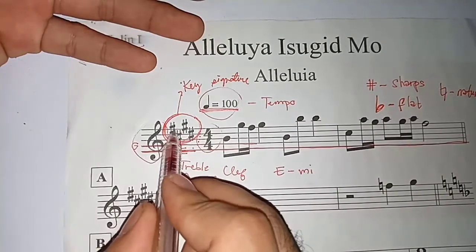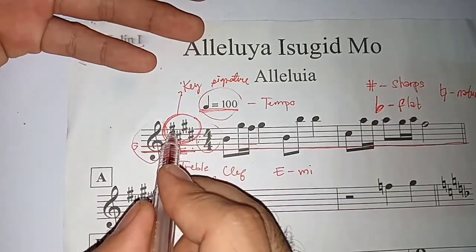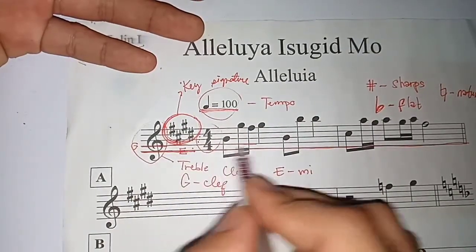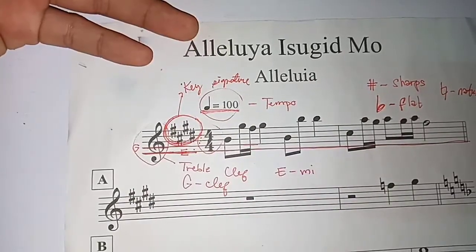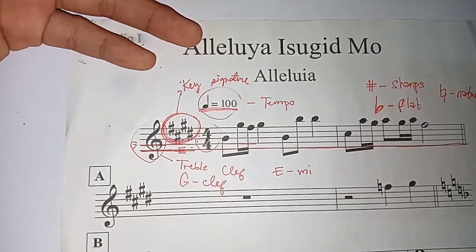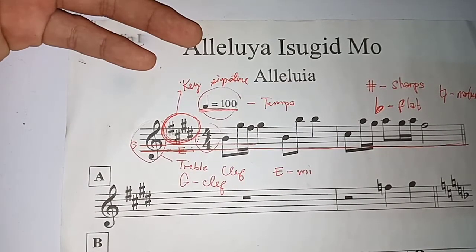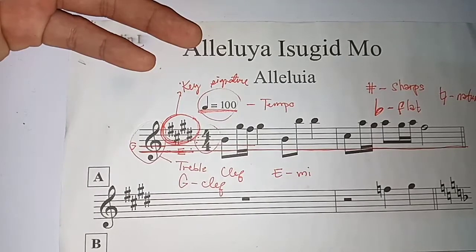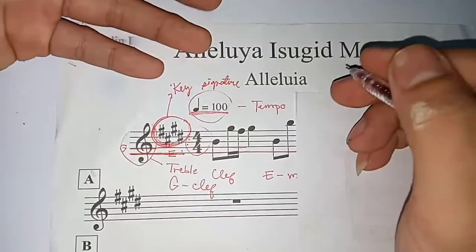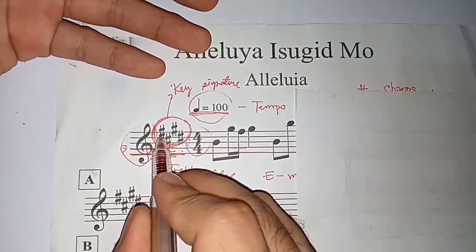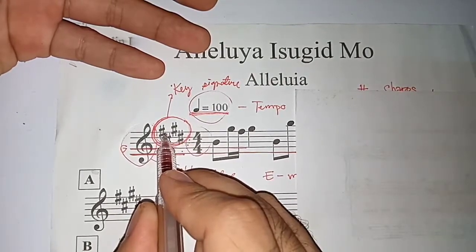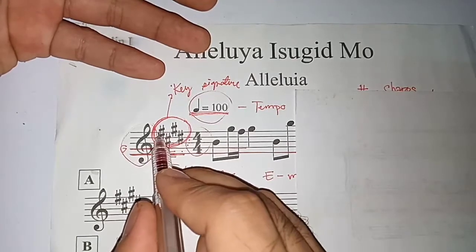So we have here four sharps. We have to determine the lines and spaces, so we will write it here. We have the first sharp on this line, so we are going to find what note is located on this line.